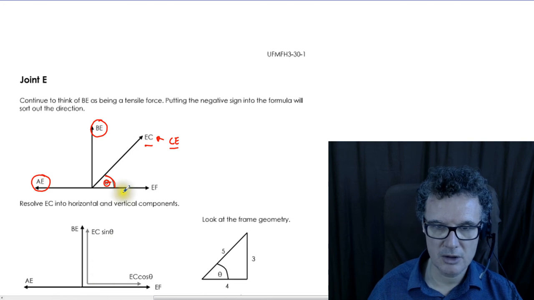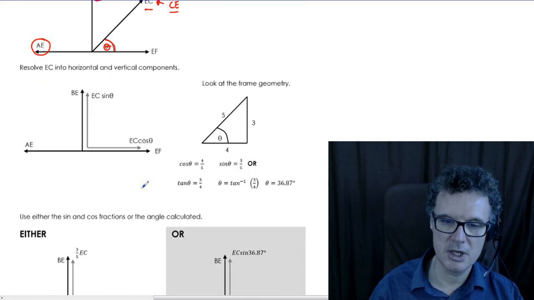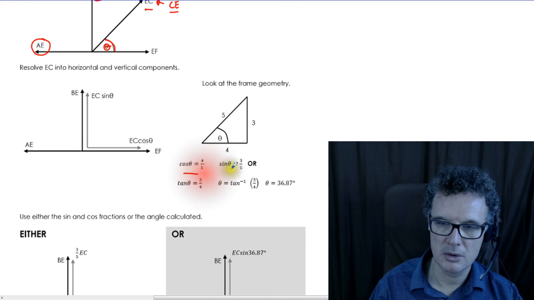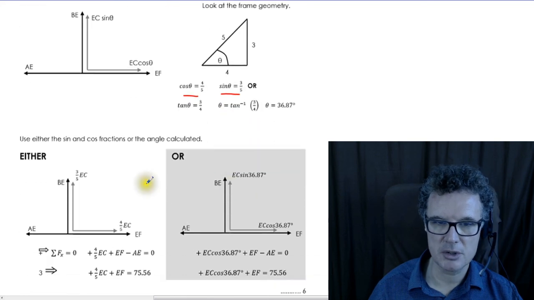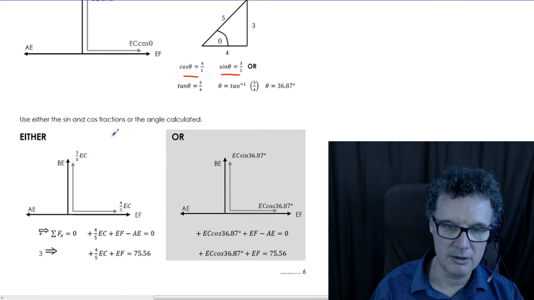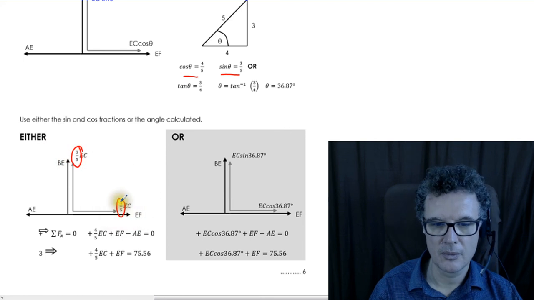So swing through the angle, that gives us EC times cos theta. Do the opposite, don't swing through it, that's a sin, so that's EC sine theta. Previously we solved these before, so I can then substitute cos theta and sine theta into my diagram, get rid of them, and then I'm in a position to resolve in a particular direction.